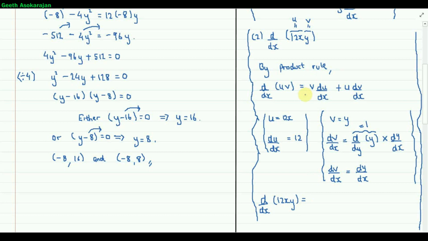That is equal to v, which is y, so let's replace by y, times du over dx, which is 12, so times 12, plus, and u is 12x, so let's replace by 12x, times dv over dx, which is dy over dx.